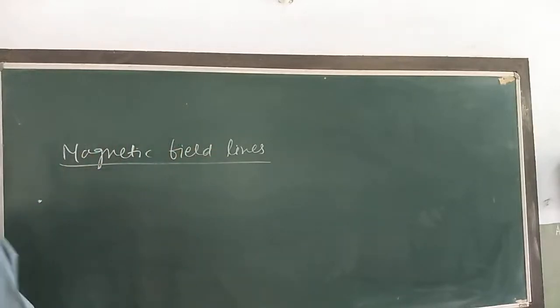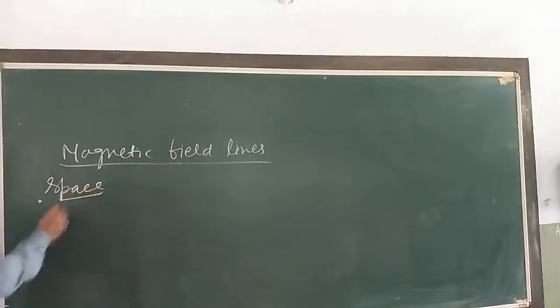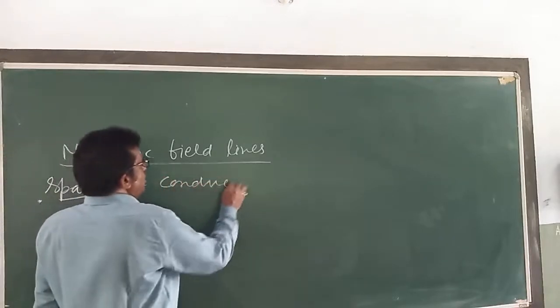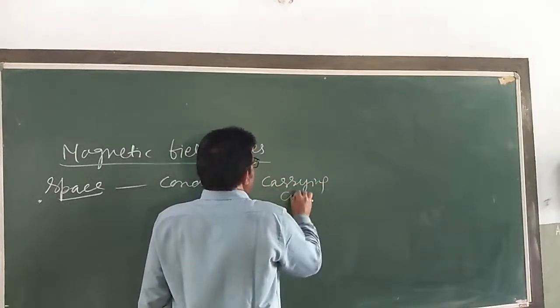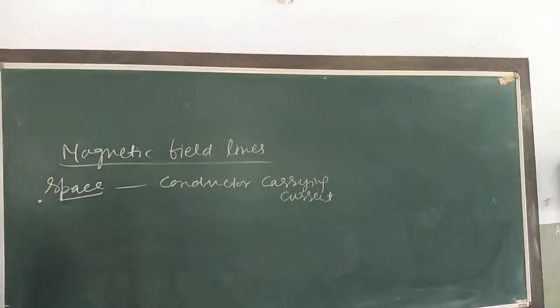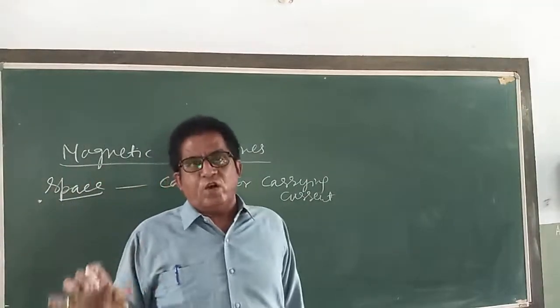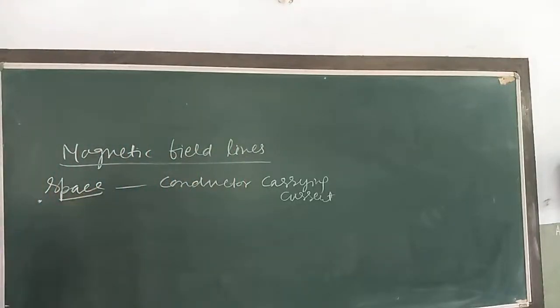Magnetic field is the space around a magnet or the space around a conductor carrying current, in which the force of attraction or repulsion on a magnet can be felt. Write this down.